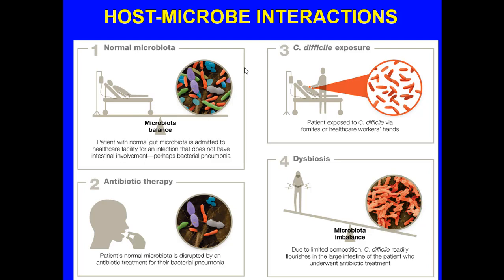Then you have a disruption. A person takes an antibiotic, for example, and you start killing off some of the natural bacteria. The others will begin to take over. Then you start having this population explosion of certain types of bacteria, which a lot of times are detrimental to your health. In this case, we're going to talk about Clostridium difficile.